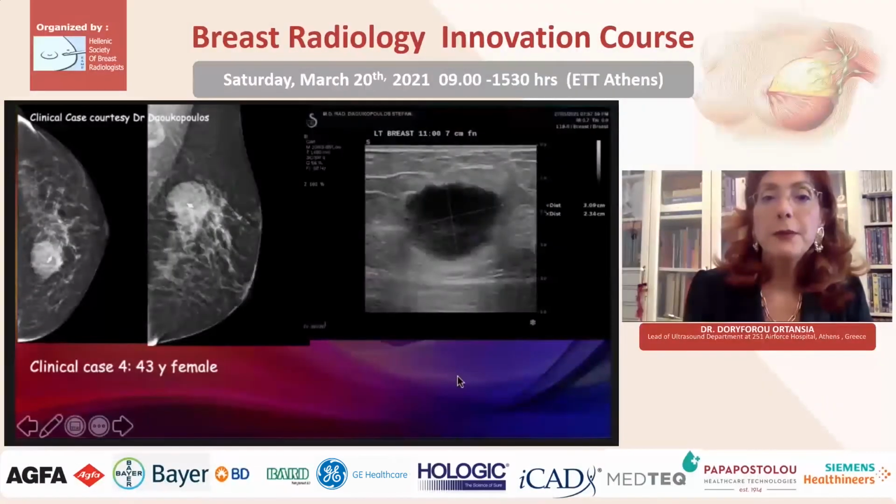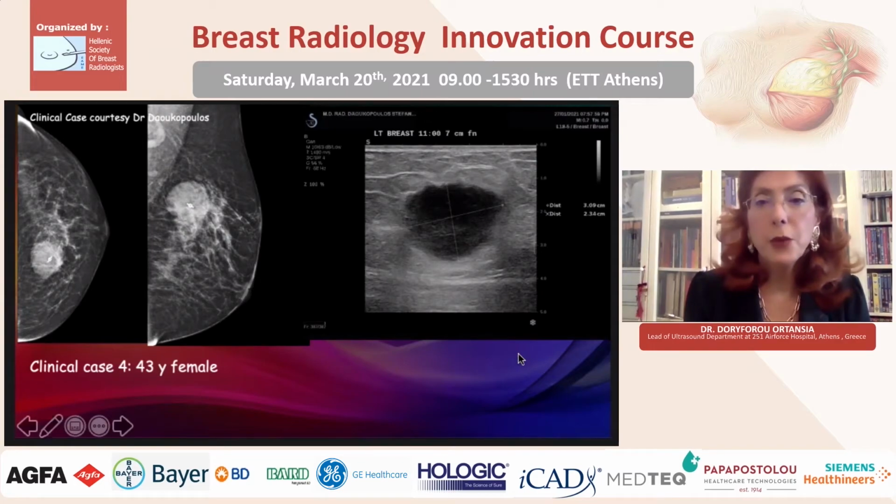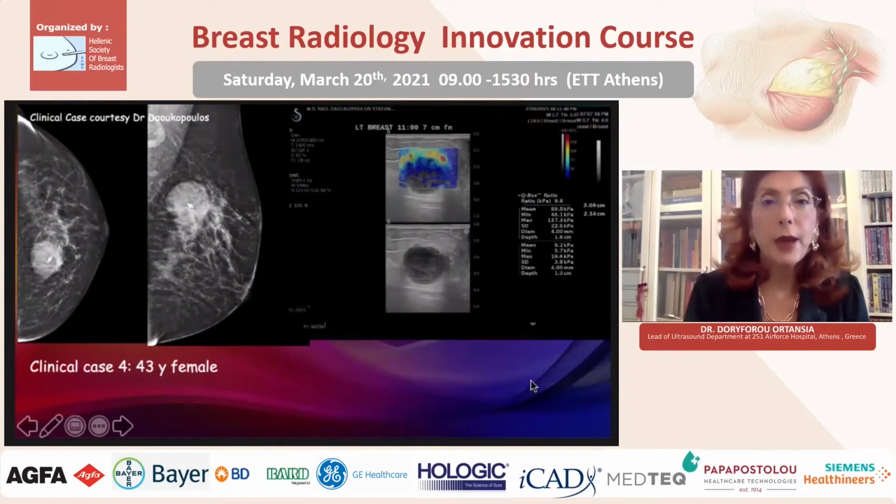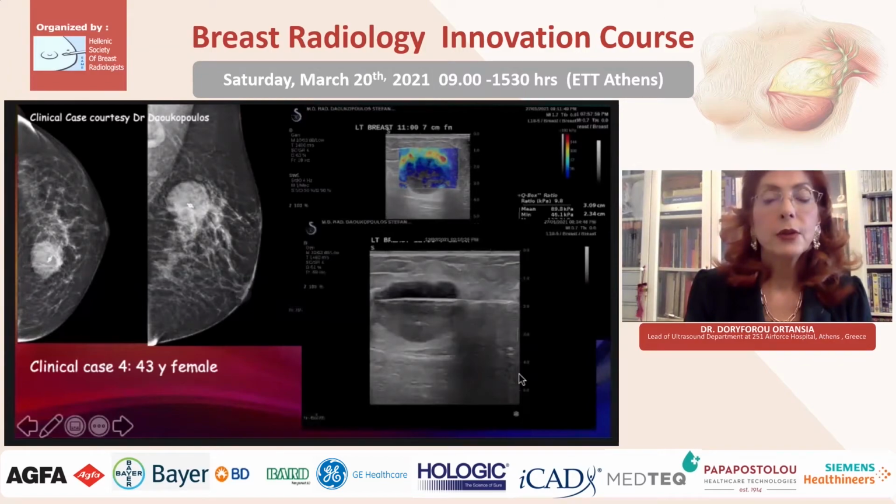B mode is very misleading because of the well-defined borders, posterior acoustic enhancement, some hyperechoic echo inside the lesion, could be safely attributed to a complicated cyst, otherwise a BI-RADS 3, but with shear wave, we see the stiff surrounding rim, which immediately upgrades the lesion from BI-RADS 3 to BI-RADS 5. So change the scenario. I did the biopsy, and it was a medullary cancer.